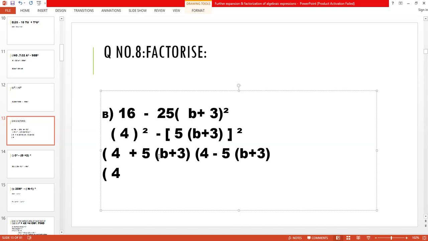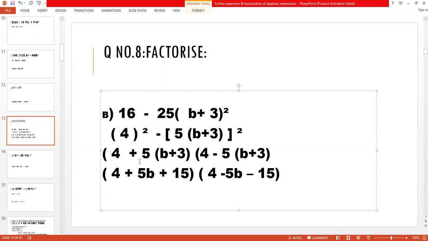So 5 into 1, 5 ones are 5. And then you have to add the variable, that is b. Again, you have to multiply the sign, plus into plus is plus, 5 3 times is 15. Okay. Now you have to close. Now comes to here. Here you have 4. 1 is 5 into b, it is equal to 5b. And next, minus into plus is minus, and 5 3 times is 15.